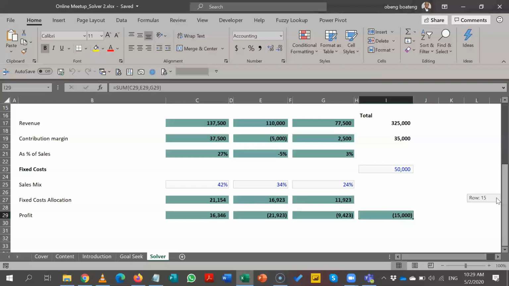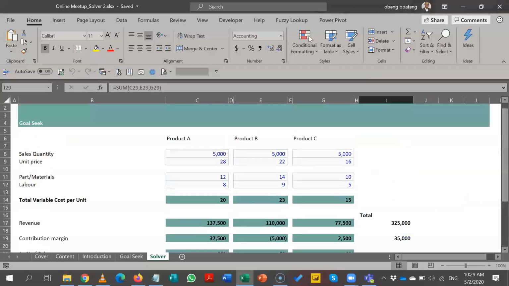So first of all, let's go through the 4 things that we need to check. The first one is I should have a model in place. The model in place means that every cell is linked. If that is checked, the next thing I need to do is identify my variable cells. My variable cells are: at which price should I sell these items?